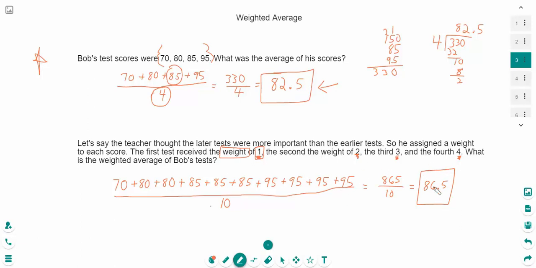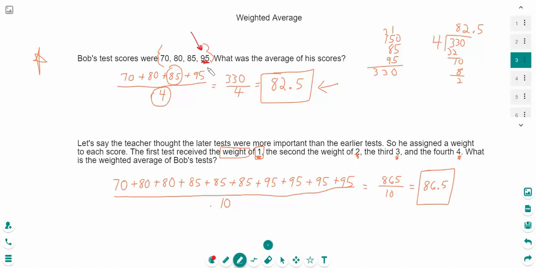And you can see that in this case, it's very different from the average that we took earlier. The first average was 82.5. Now it's 86.5. So it went up 4 points. And the reason it went up 4 points is because we said that the 95 grade was more important than all the others, and therefore should contribute more to the final grade. And because he did better on that test, it actually helped his score.